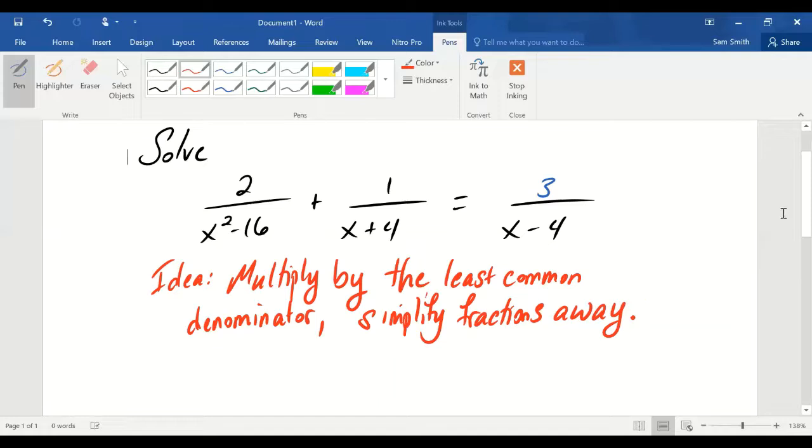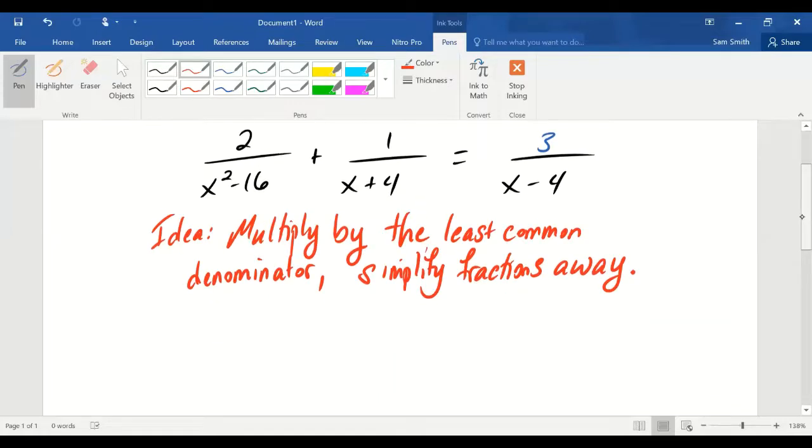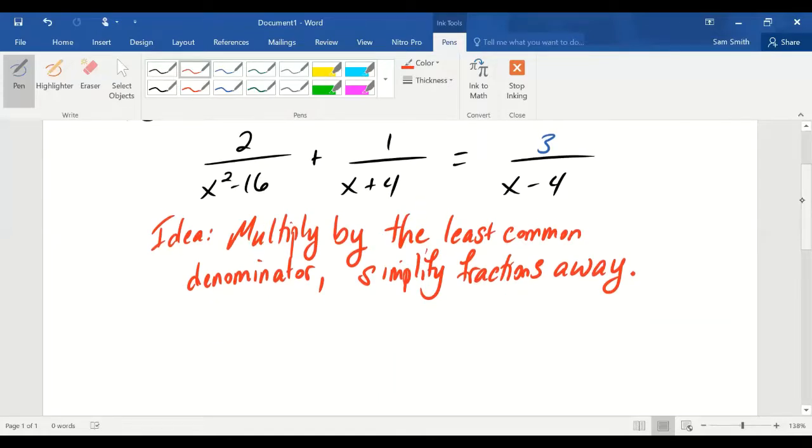Okay, now if you are going to find the least common denominator of a collection of fractions like this, the first thing you need to do, just like when you're adding the fractions together, is you need to factor all of your denominators so you can see what they already have in common. So, for example, x squared minus 16 can be split as x minus 4, x plus 4.